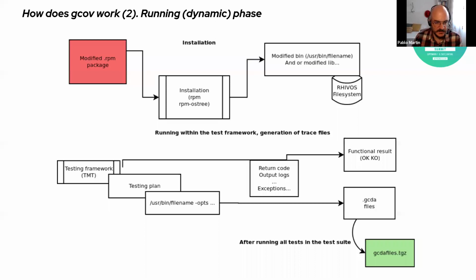These GCDA files, in green, are the ones that will be used to generate the report afterwards. So these are the ones generated at runtime. The GCNO were the ones at build time, and the GCDA are the ones that we need to retrieve at runtime.